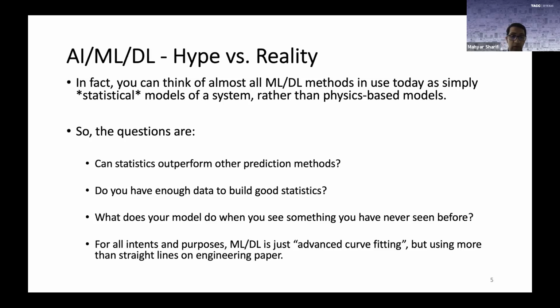These are the things you will have to consider before you choose one of these statistical models or build upon one of these previously created engineering frameworks. For all intents and purposes, machine learning and deep learning is essentially just advanced curve fitting, but it's more than just the straight lines that we generally see in engineering papers.